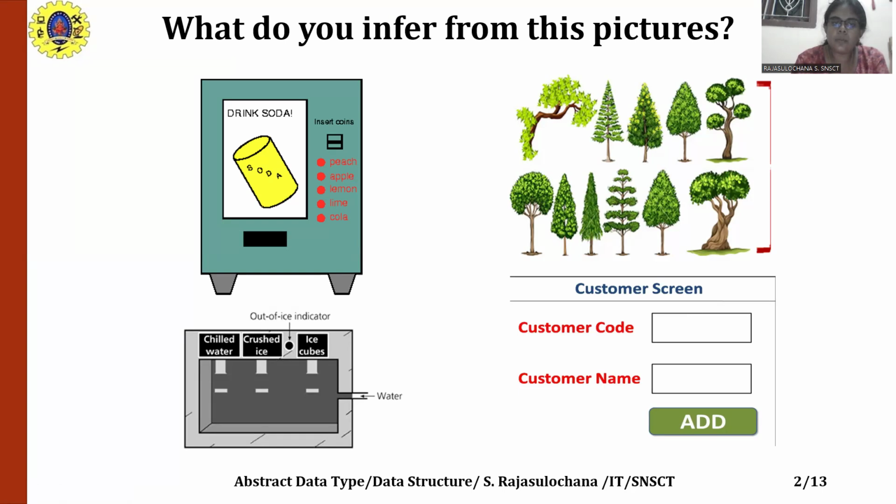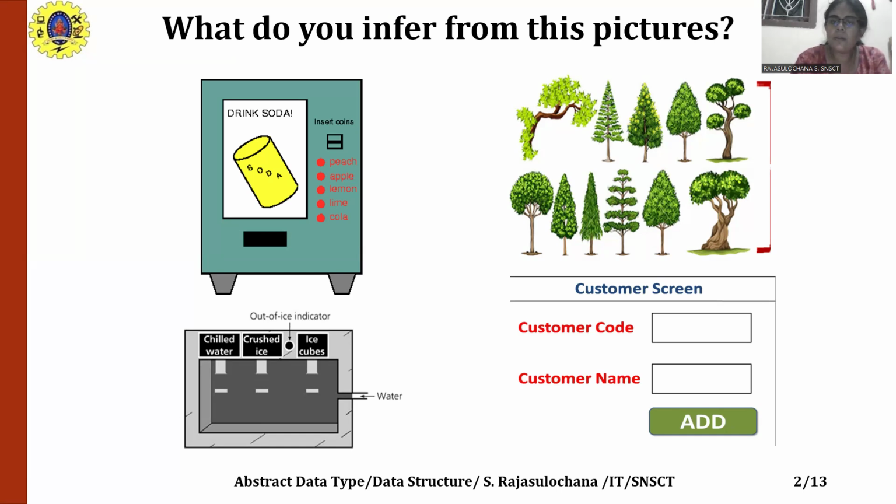If you want chilled water, you will get it. You press the crushed ice option, you will get crushed ice. If you want ice cubes, you can press that option and you will get a bowl of ice cubes probably.